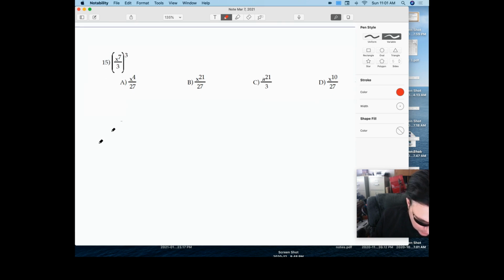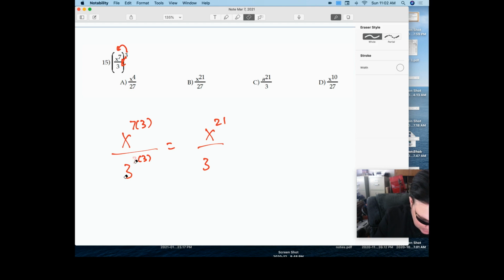All right, next one. What's important is that we have to realize that the exponent impacts both. So this is x to the 7 times 3 over 3 to the 3rd. So this is x to the 21 over 3 to the... I made another mistake.